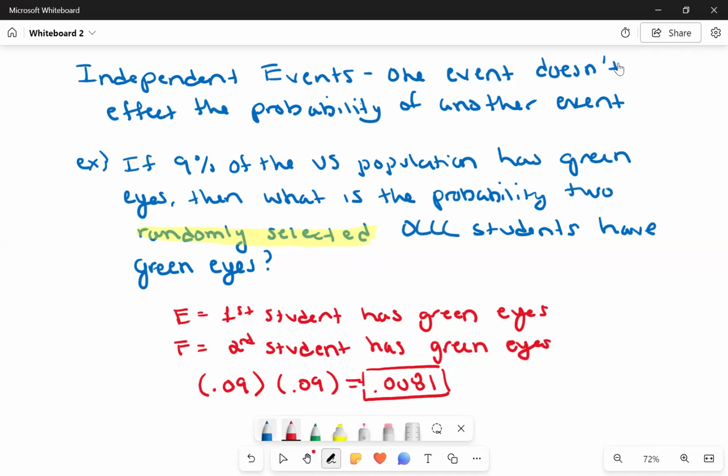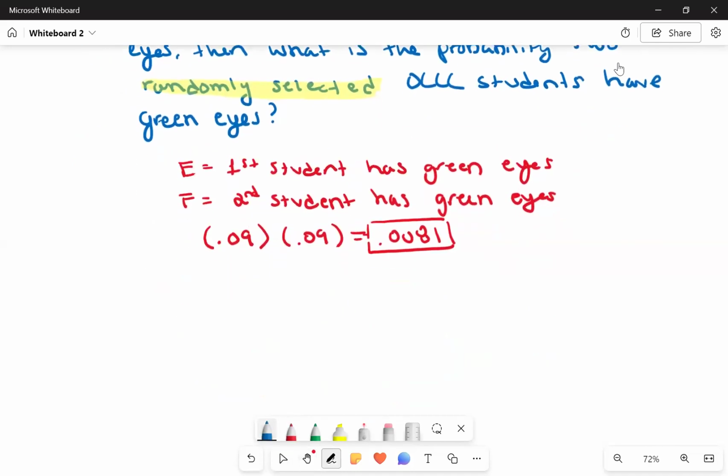Okay, now, if the two events are not independent, they are therefore dependent. And if they are not independent, that means that they do affect the probability.